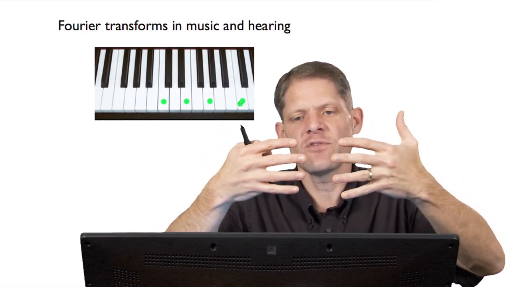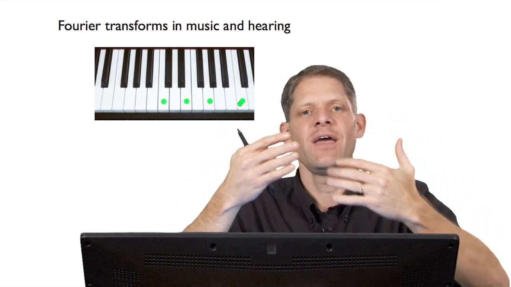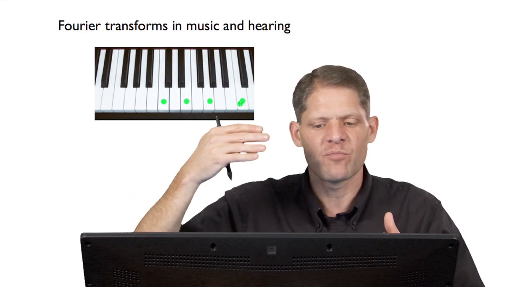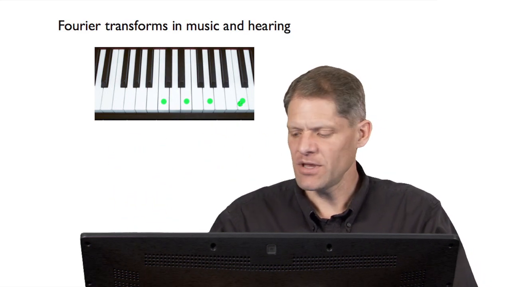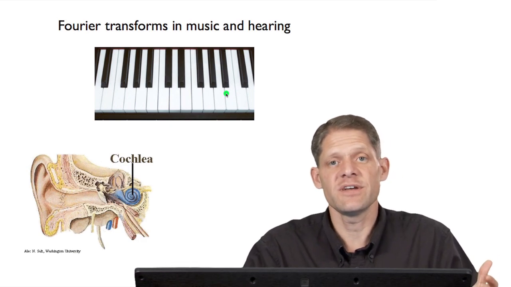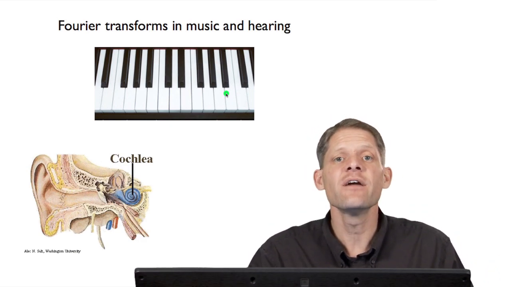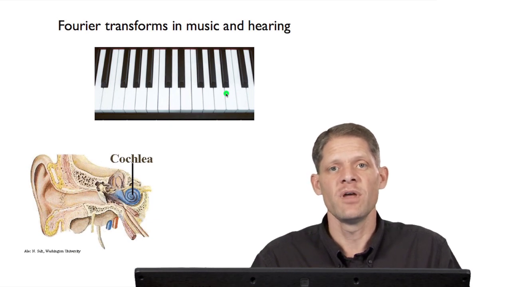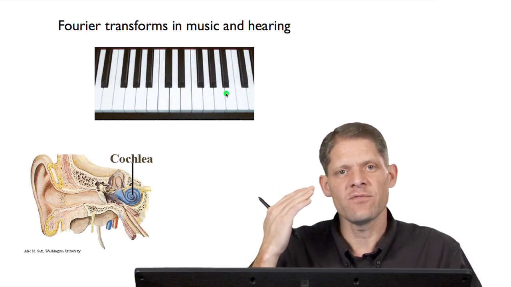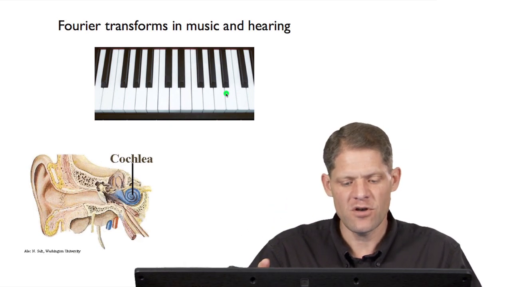Those pressure waves combine in the air and come to your ear as a very complicated pattern of pressure waves. Now, in your ear, it turns out that current theory, as I understand it, is that your ear does a Fourier transform to decompose that complex pressure wave into its component notes.